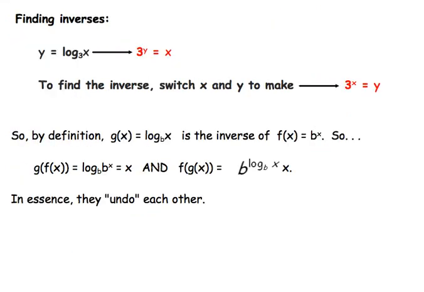Finding inverses. We're not actually going to find inverses at this point, but I just want to show you something by definition. Here's the point I want to make. g of f of x equals log base b of b to the x, and that equals x. Basically, what this is saying is that when we have a log of base b with the same base b to the power, those cancel each other out, leaving us with just the x.